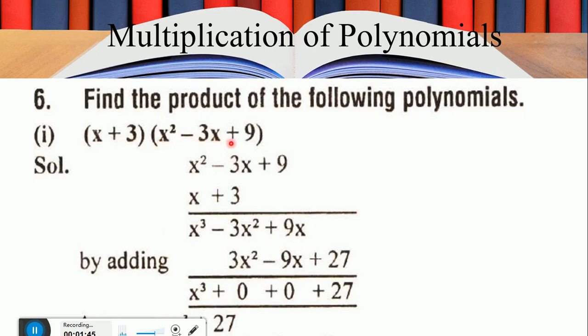So first write this polynomial and then write that polynomial which has 2 terms in a vertical form, and we will also write these polynomials in descending order. It's your choice, you can write in ascending order.